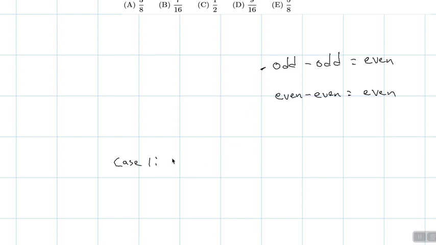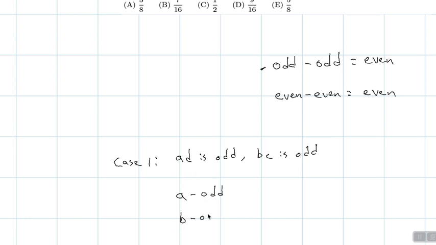So AD is odd and BC is odd. And so how do you achieve that? AD being odd, the only way for a product to be odd is if both of these numbers that are being multiplied are odd.